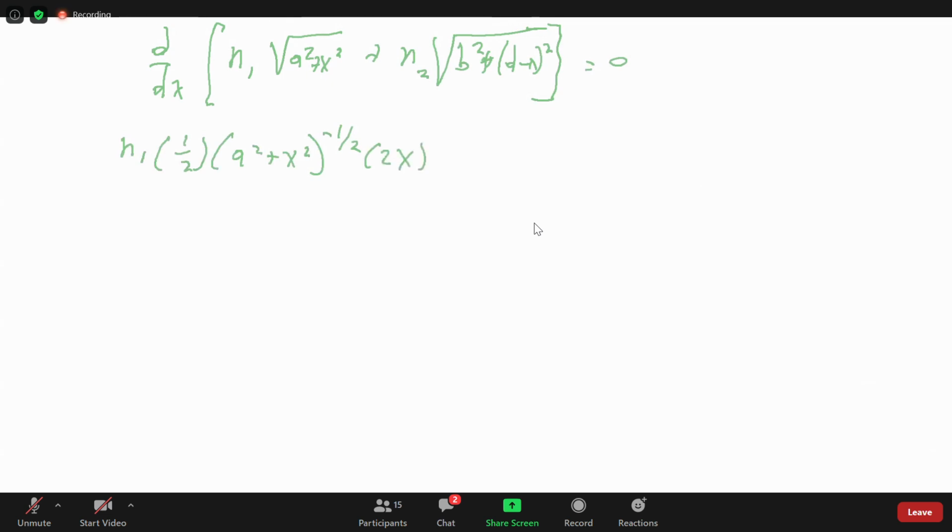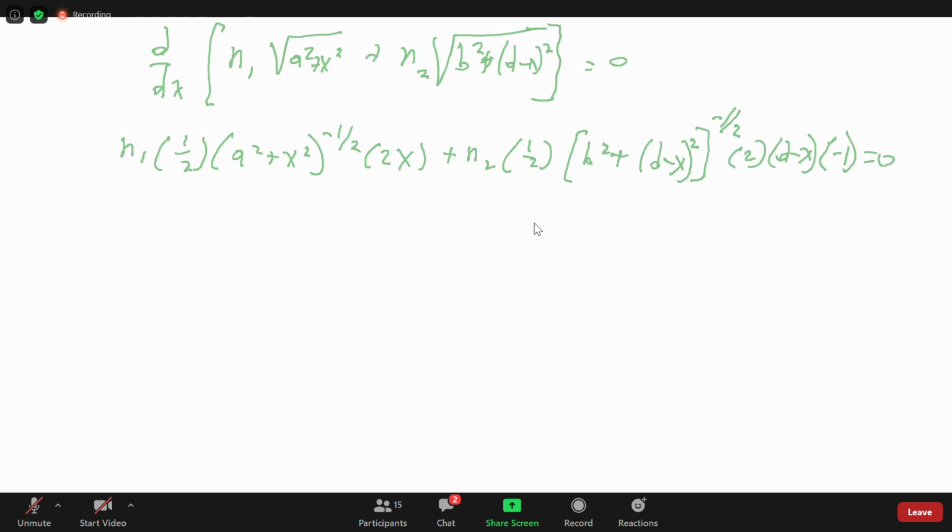That takes care of the first term, plus n2. Again, we get a factor of 1/2, and then b squared plus the quantity d minus x, squared, also to the minus 1/2, and we pull out a factor of 2 and a factor of d minus x. And finally, since it's a minus x, we also pull out a factor of minus 1. And we set that equal to 0.